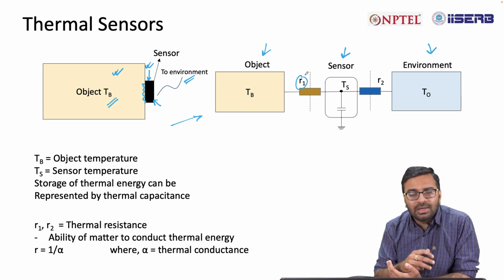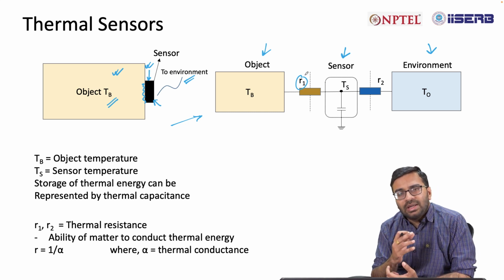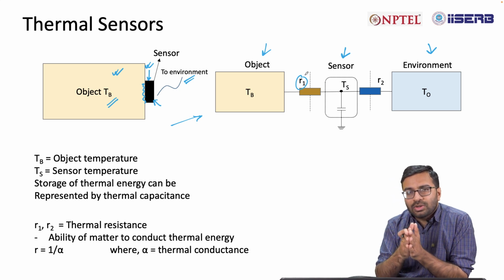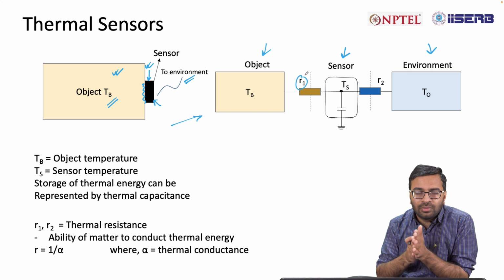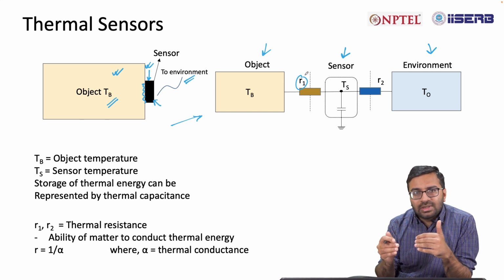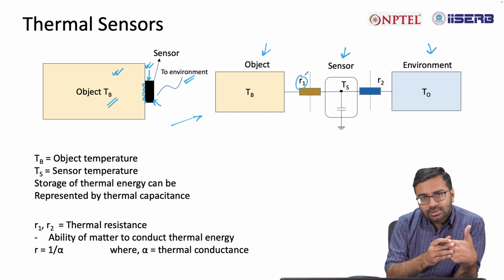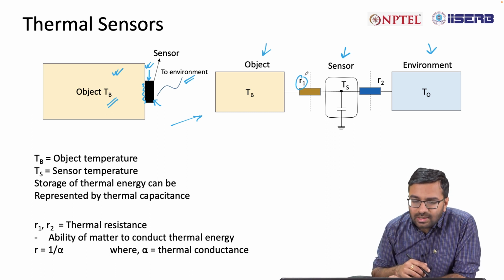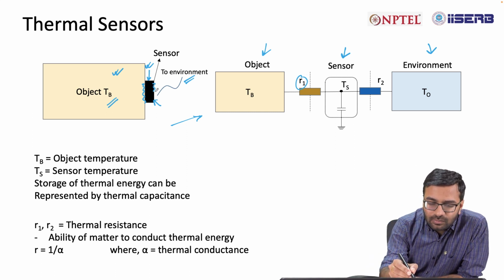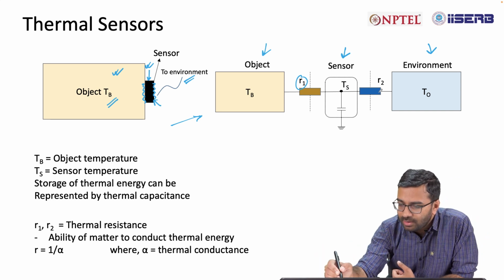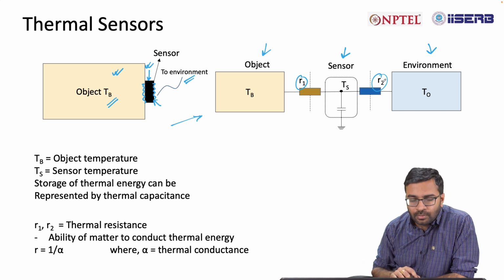Any sort of resistance indicates some obstruction that doesn't allow the energy to pass from one side to the other. It's the same here as well. Then you will also find a thermal resistance between the sensor and the environment, which is given by R2.